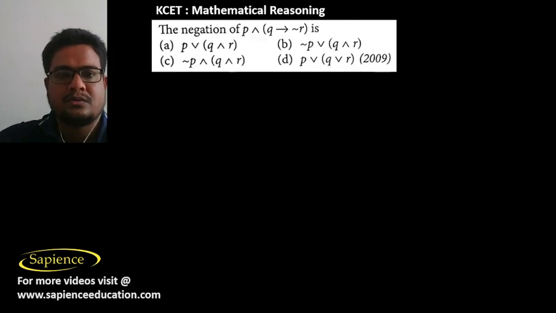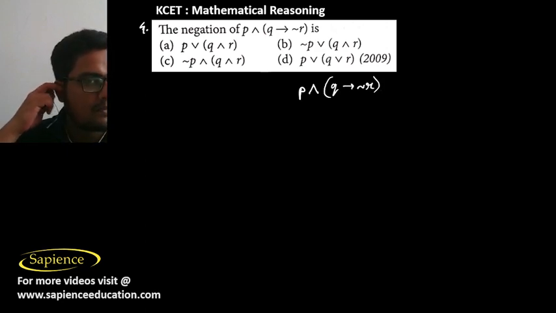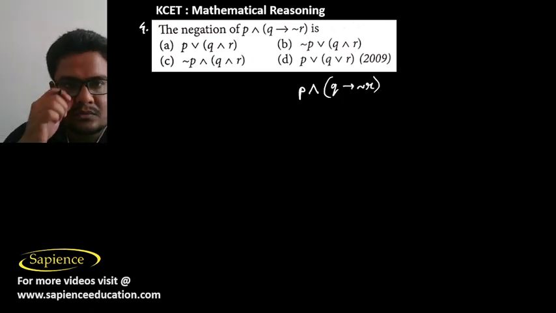In question number 4, it is told the negation of the statement P and if Q then not R. You have to find the negation of this statement.